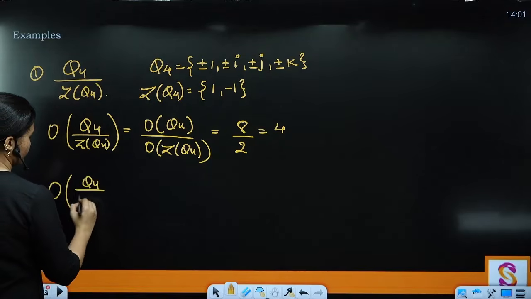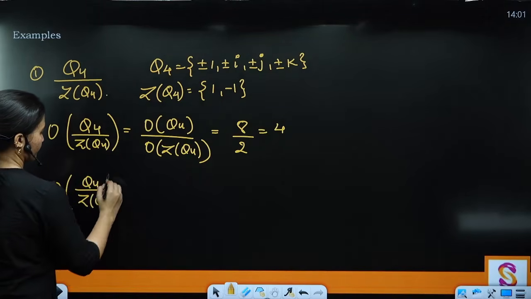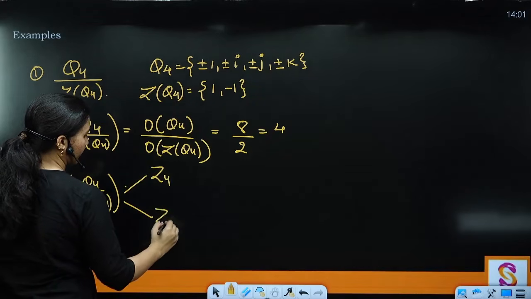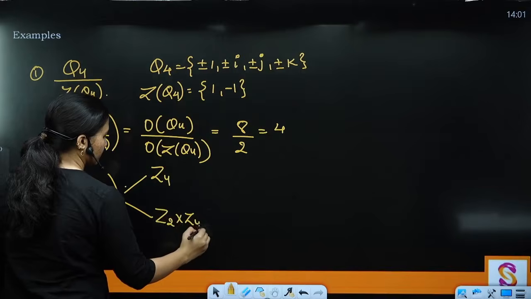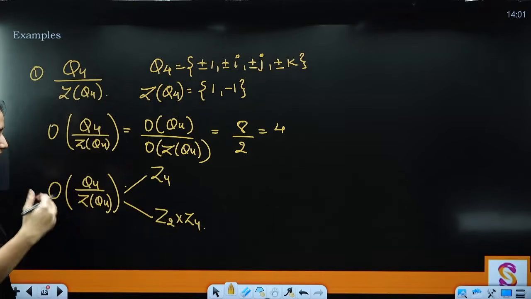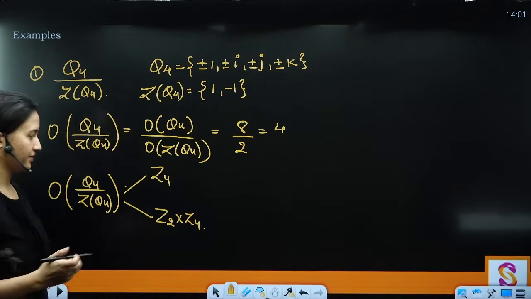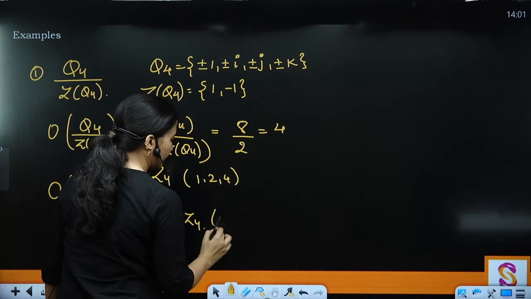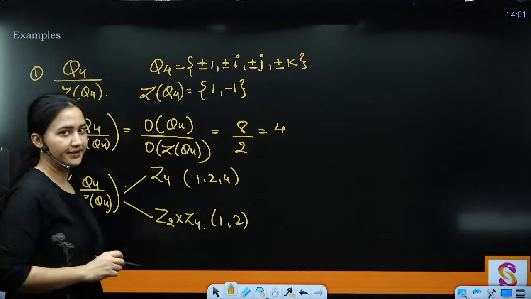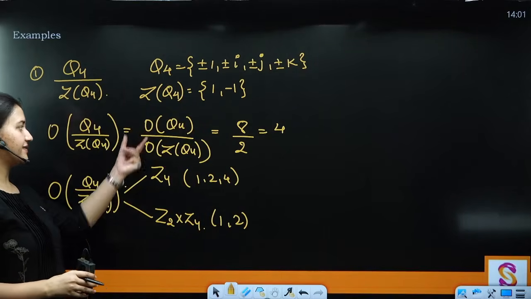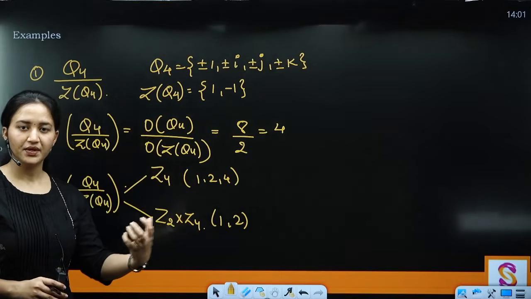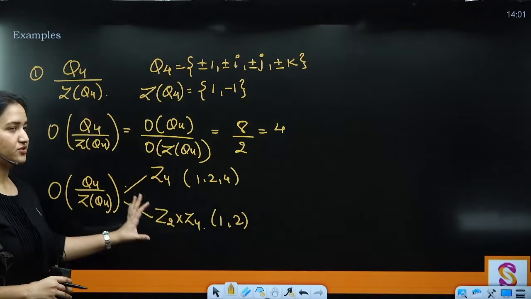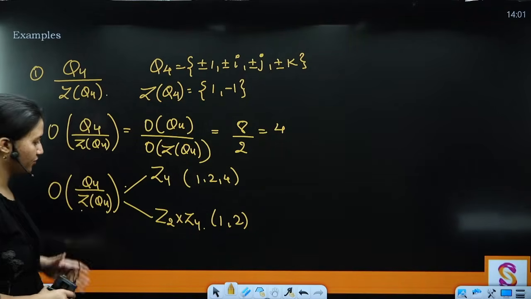That is either Z4 or Z2 cross Z2, right? So we are supposed to see कि आपके पास order of elements क्या मिल रहा है. देखो यहाँ पे what are the orders possible? In Z4 the orders are 1, 2 and 4, but यहाँ पे only the orders possible are 1 and 2. So we are going to just look कि इसके elements में किस तरीके के orders हैं. उसके basis पे we'll be able to tell what is going to be the isomorphic group, this factor group, right?